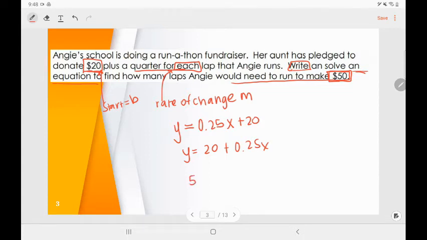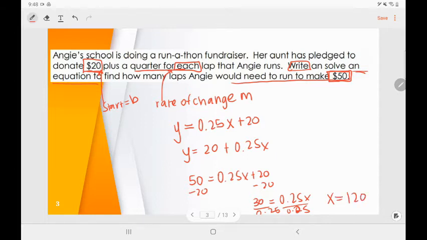So 50 is equal to 0.25x plus 20. And to solve, I'm going to subtract 20 from both sides. And I have 30 is equal to 0.25x. And I'm going to divide by 0.25 on both sides. And that is going to give me x is equal to 120 laps.